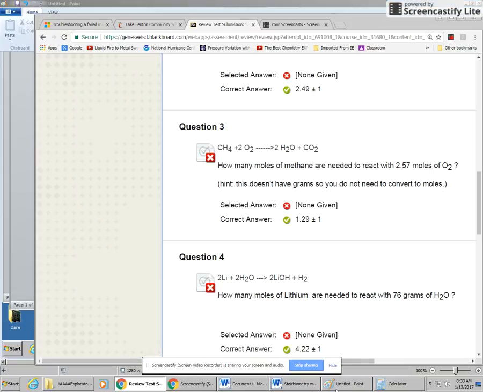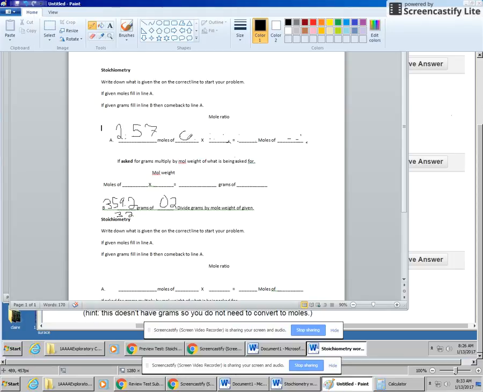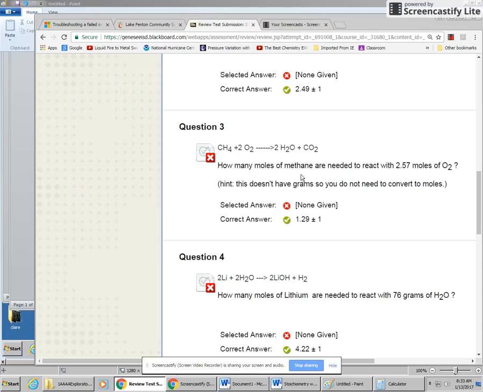No, O2. O2. But you already have moles, so you can use your mole ratio to multiply through. So on here, 2.57 moles of O2, and you're looking for methane. So methane goes on the top, O2 goes on the bottom.